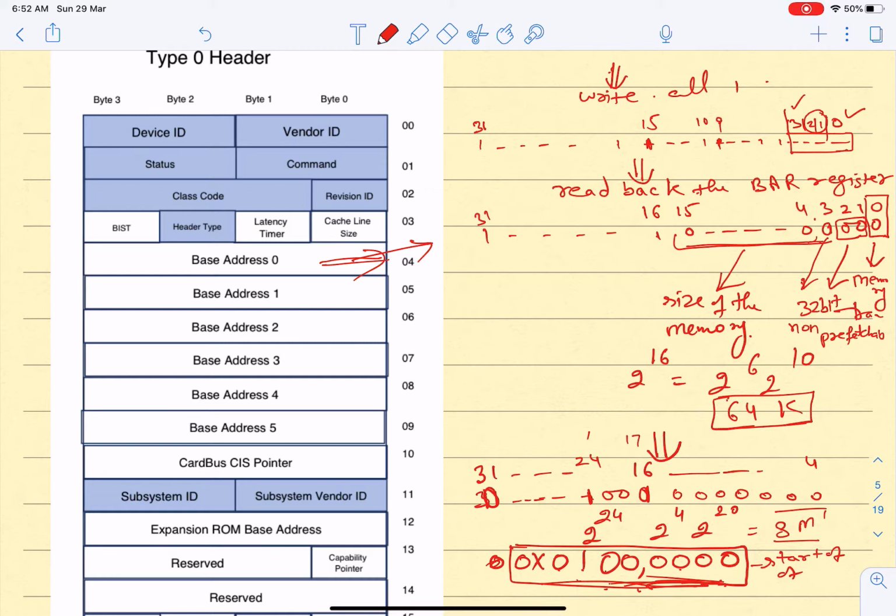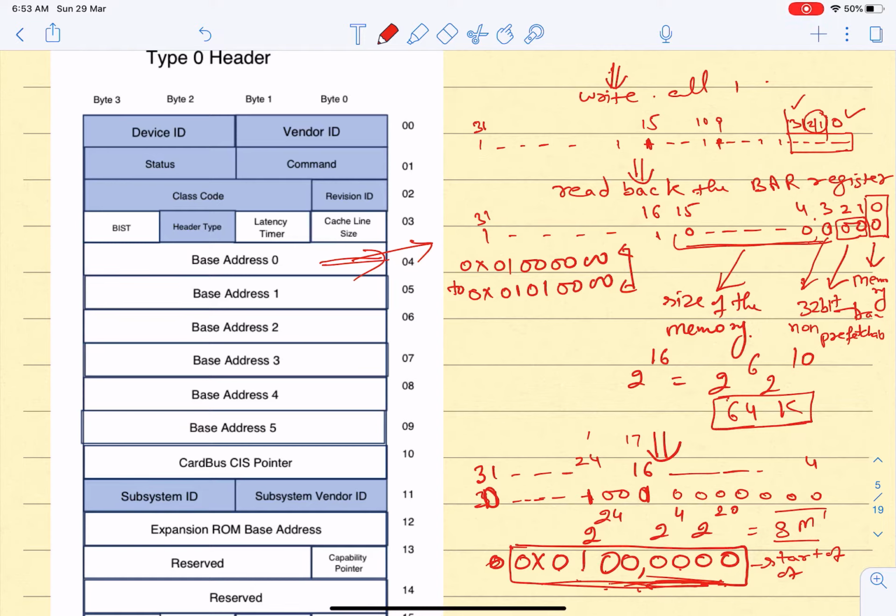So the start address will be 0x01000000 to 0x0100FFFF. So this will be the address range for the 64K memory associated with BAR 0.